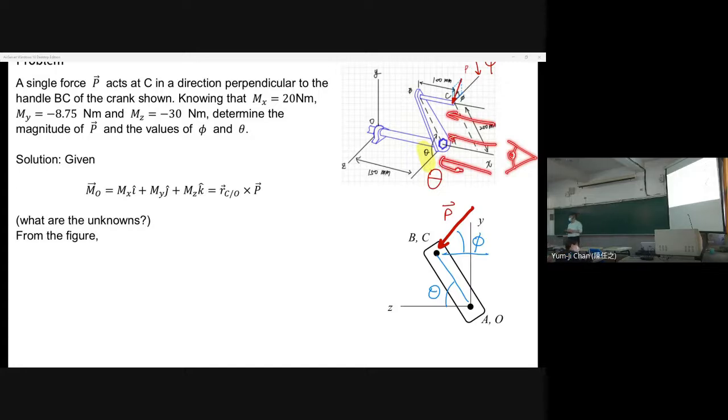So, and this 200 millimeter is this one.